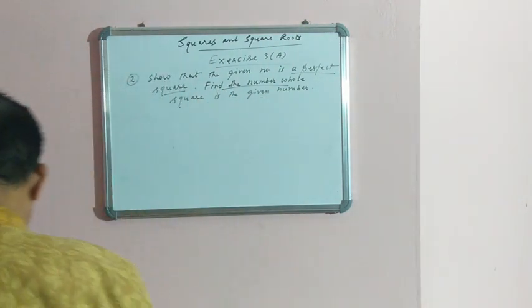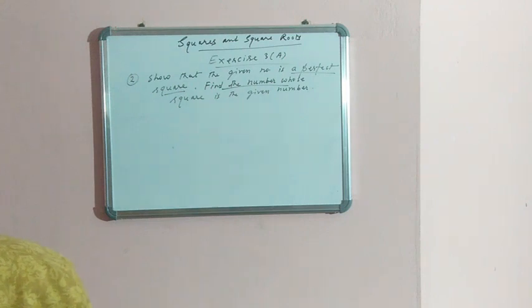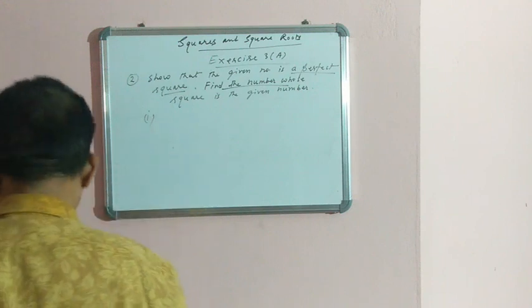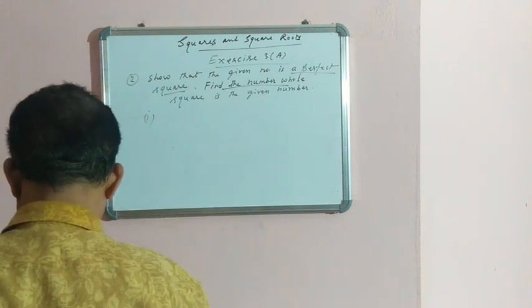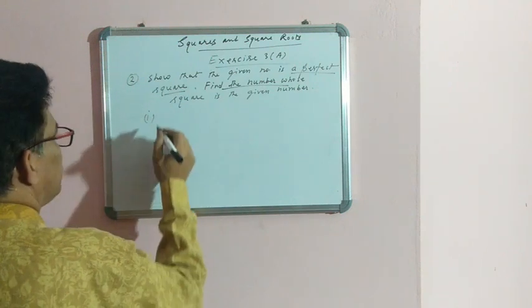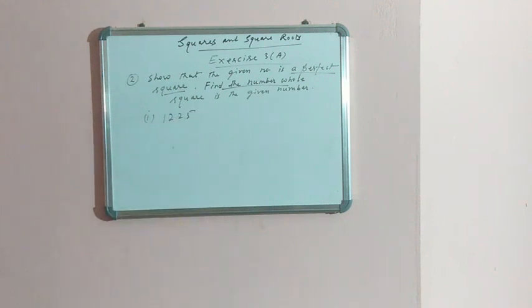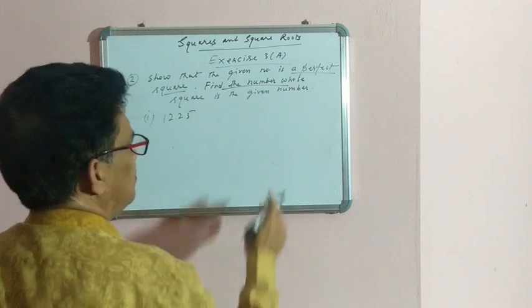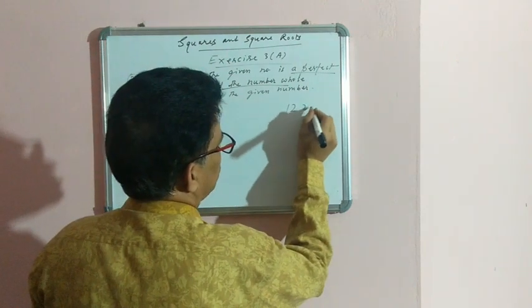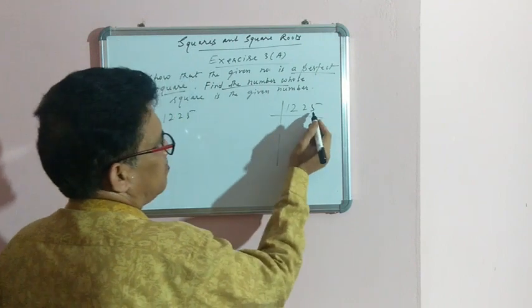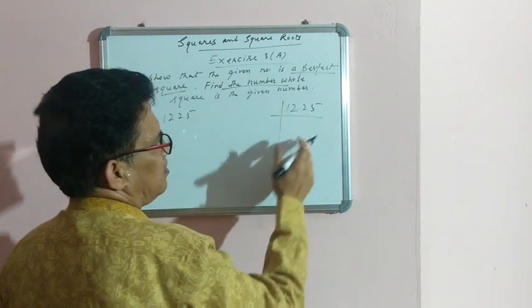So I am taking the first part, that is 1225. The first part is similar to question number 1. We will resolve it into its prime factors. Now check it. Not divisible by 3, not divisible by 2.